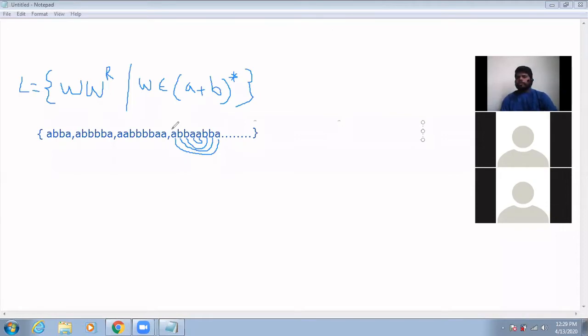First you will read something, A, and you need to mark this A. After going to the end of the string, how can you say it is the end of the string? Suppose your input symbol, how can you ensure that? I will write the input string now.